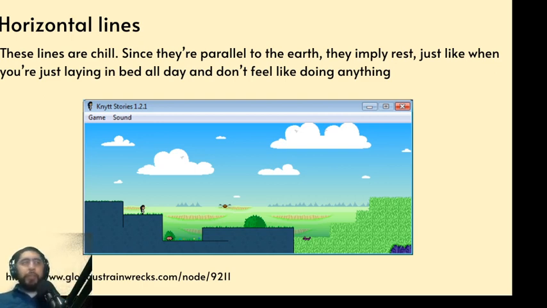So horizontal lines, as it says on the slide, are pretty self-explanatory. We think of these generally as more chill because they're parallel to the earth. You think about rest. Think about when you're laying down, there's less energy expended by doing that.